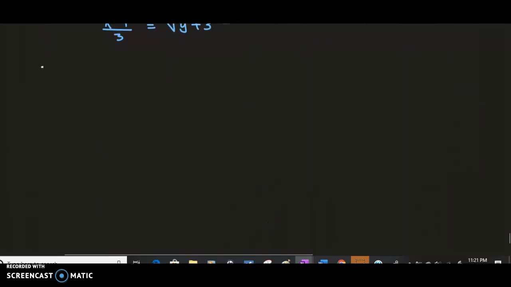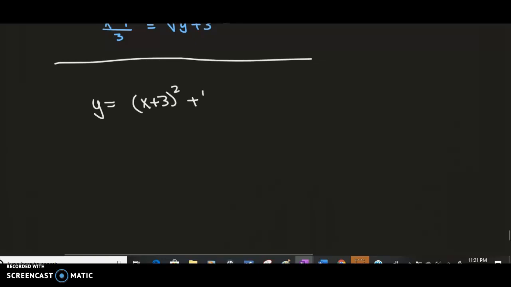Let's say we have another example. So we have y equals x plus 3 squared plus 4. So first things first, switch x and y, so you get x equals y plus 3, quantity squared plus 4.